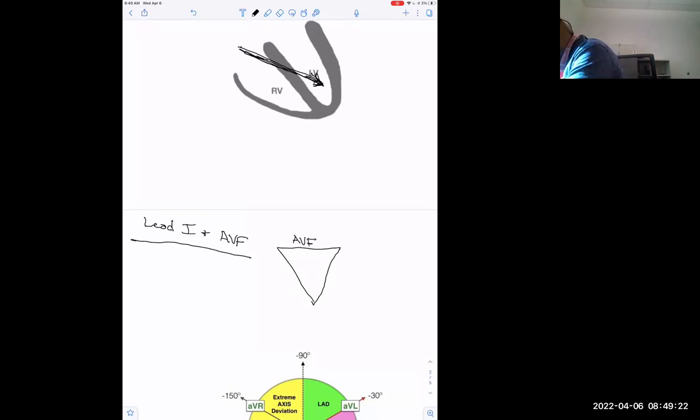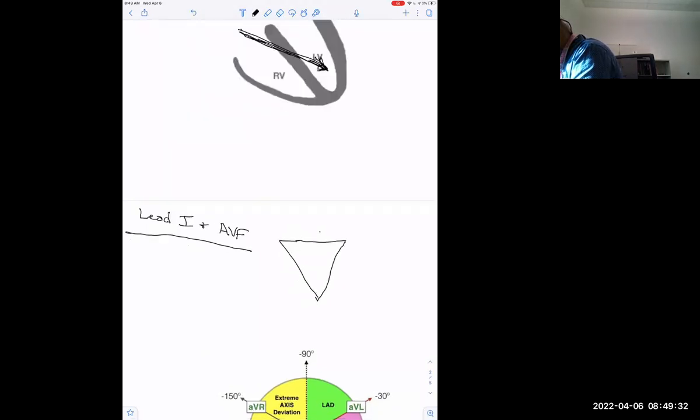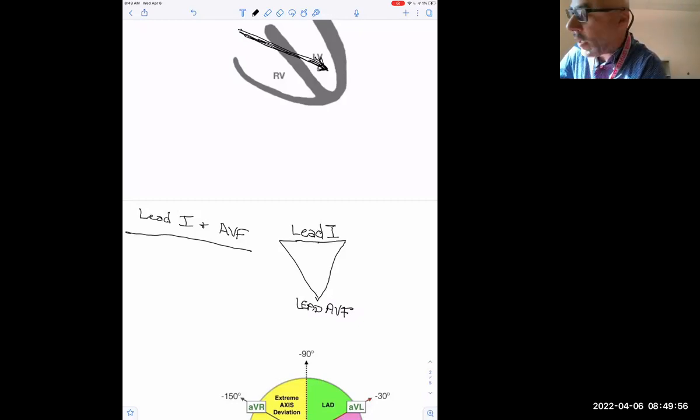Oops, I'm sorry, that was incorrect. Getting a little ahead of myself. So at the top of this triangle, lead 1 resides, and lead AVF resides at the apex, or the bottom, of Einthoven's triangle.